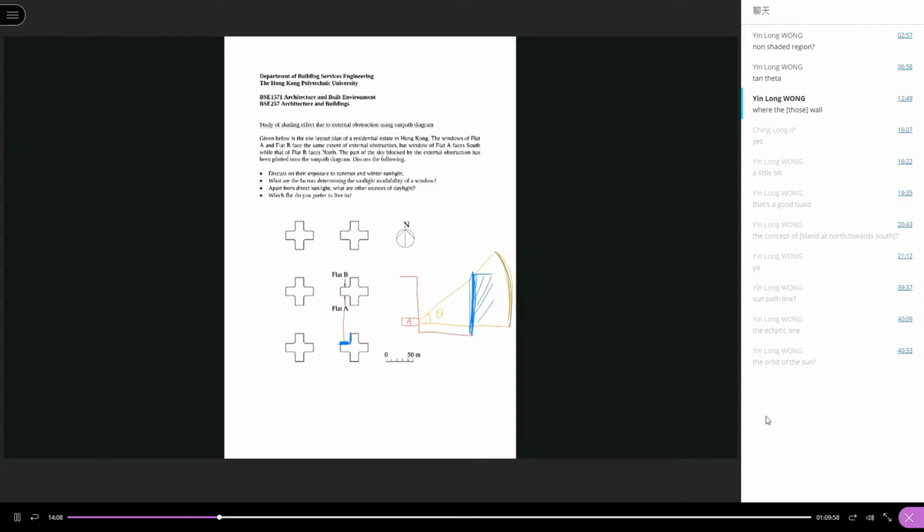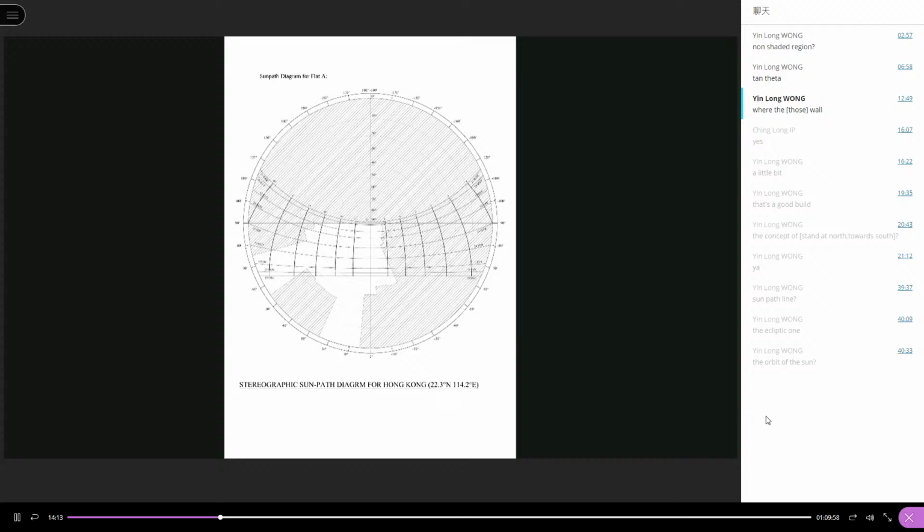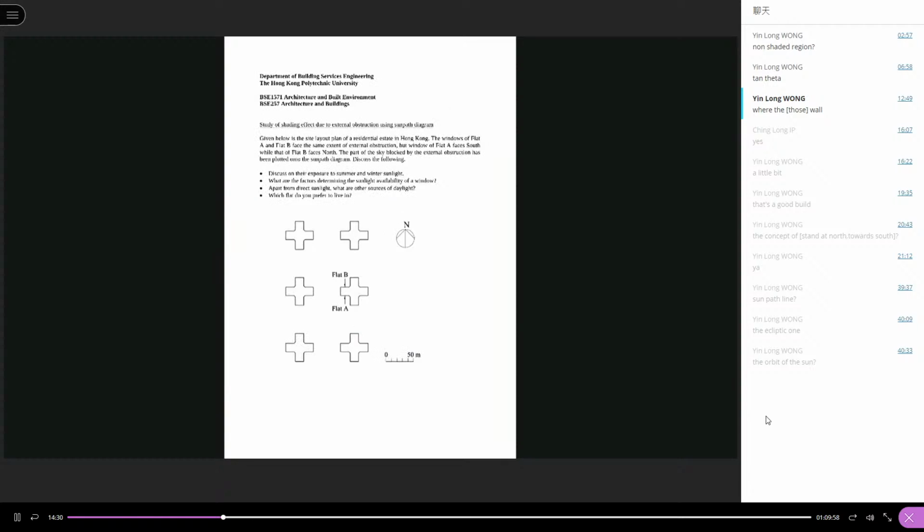So I calculate the angle theta and then plot onto the graph. For that section, I roughly guess that this is the part of the sky blocked by this wall.